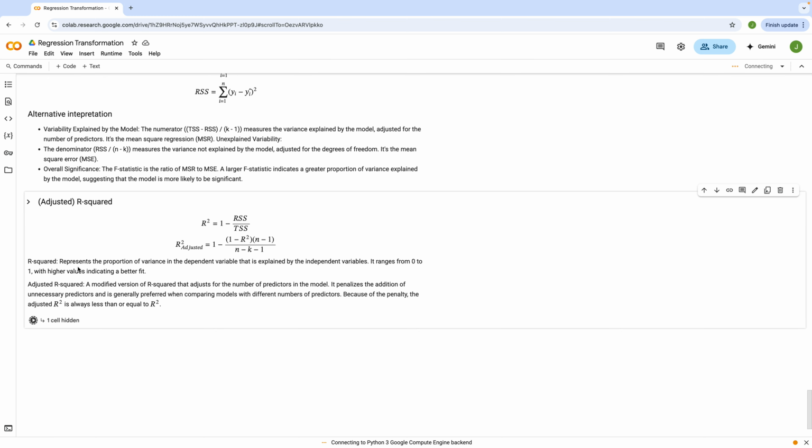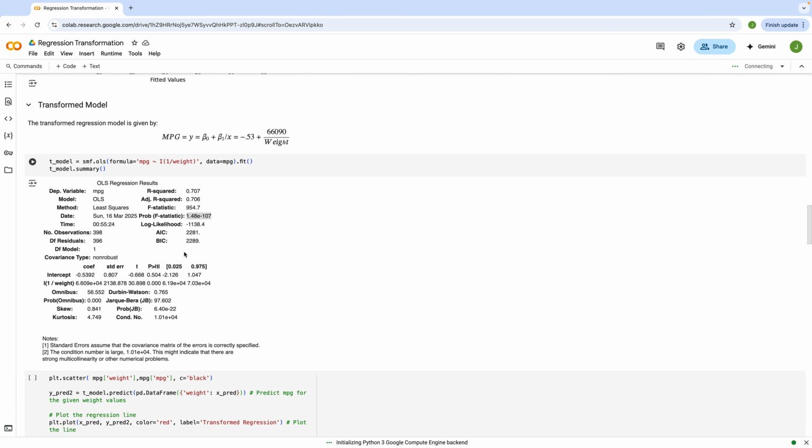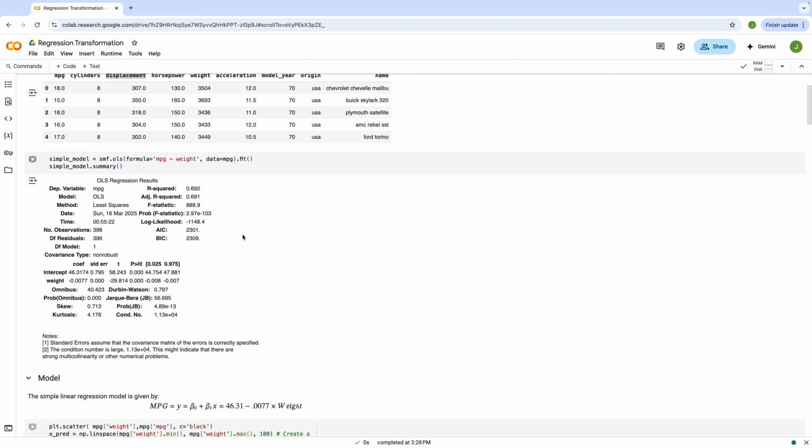So let's look at those metrics. For the transformed model, the R squared is 70.7 versus 0.706, so they're basically the same. Whereas the non-transformed is 0.69. So these are basically the same value whether you transform or not. I'll say this.